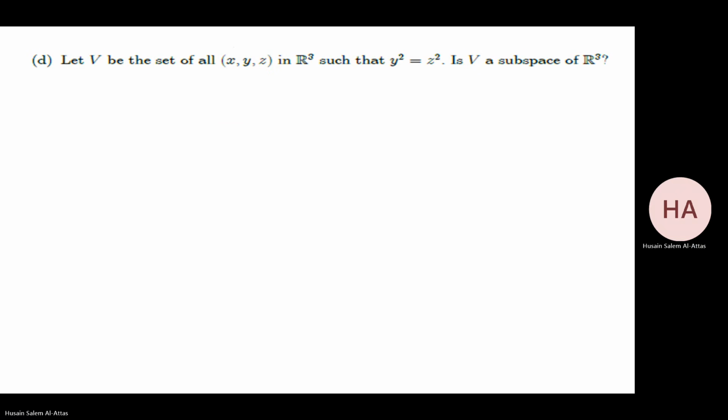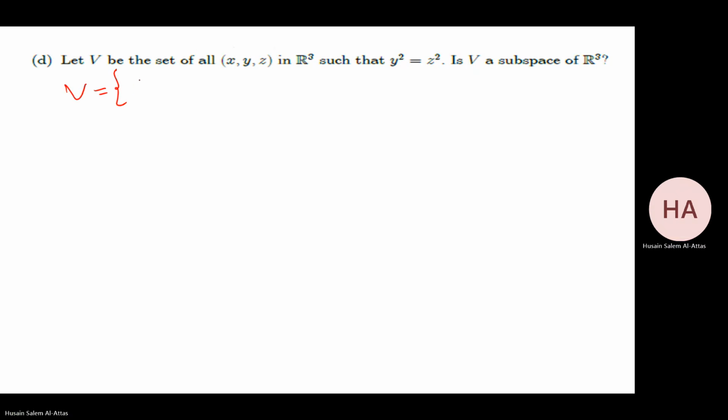Okay. y squared equals z squared. Is this a subspace or not? I need the second component squared to be equal to the third component squared.